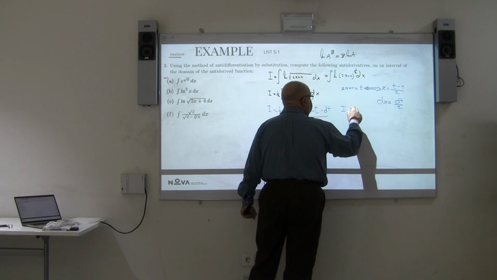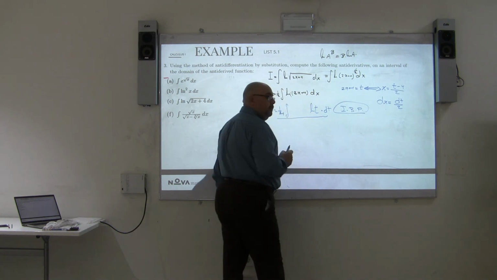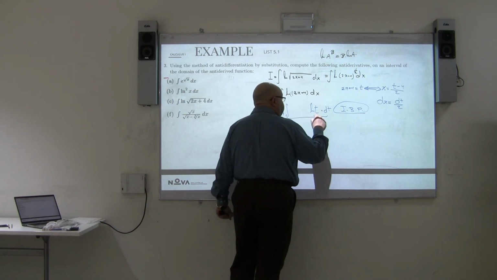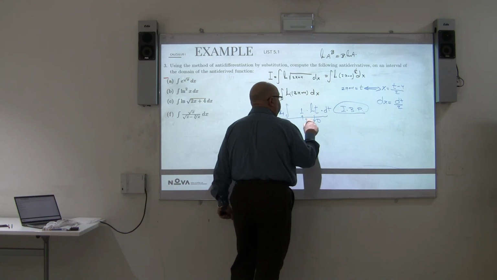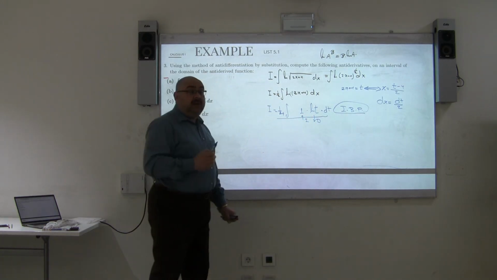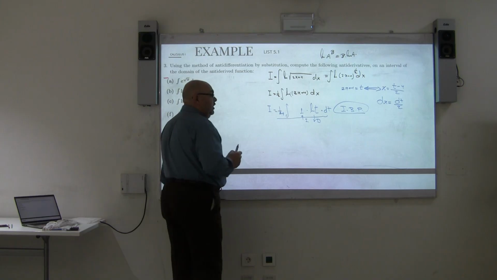And from here, I will consider the integration once more. I will integrate by parts my problem once more, considering ln t the function to be differentiated, and the 1 will be integrated. If I like to do this, it's really very nice.